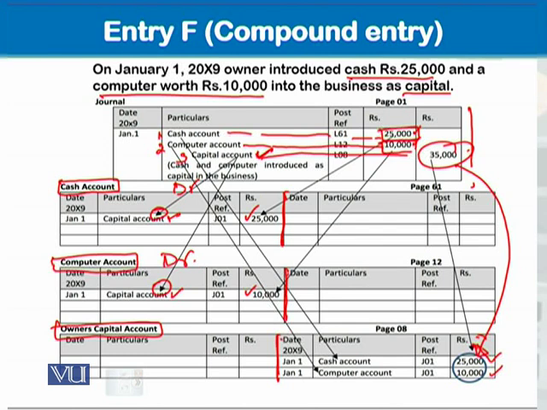Against this 35,000 there are two debits, so we have to put those two over here: the capital account has been credited with 25,000 because of cash, and with 10,000 because of computer. This is how we post a compound accounting entry in the ledger account.